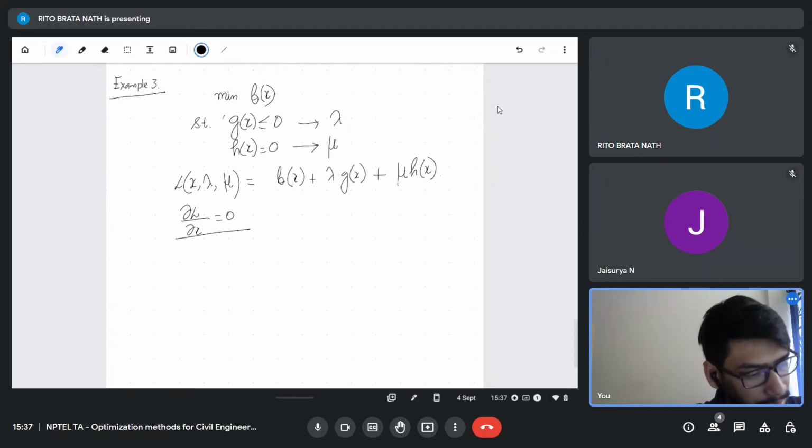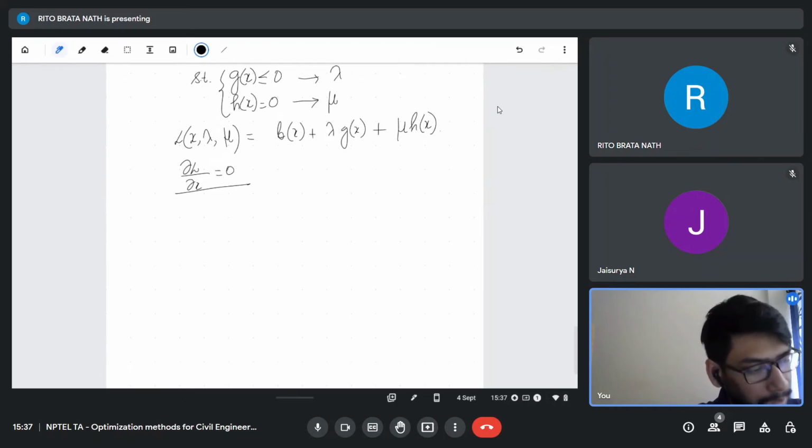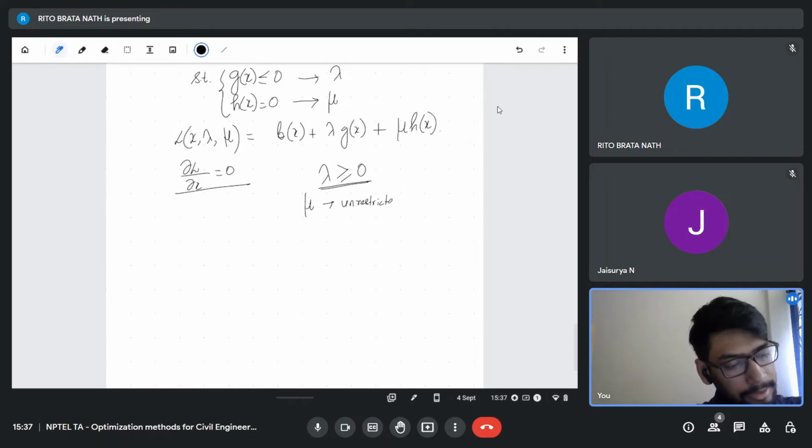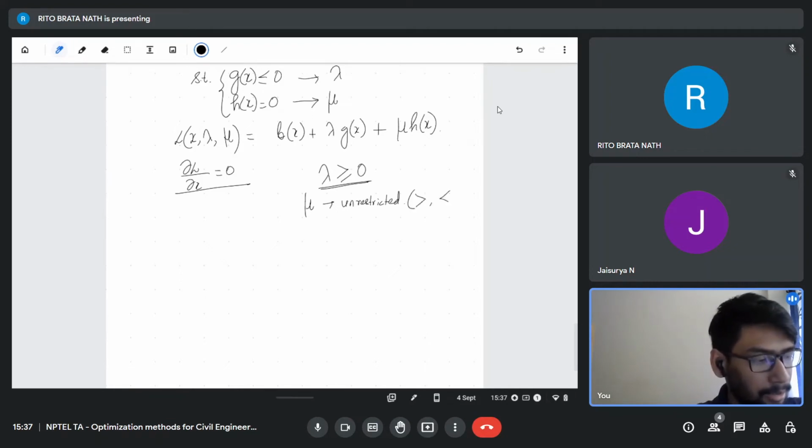Obviously, both of these constraints have to be satisfied. That's your primal feasibility. Then your dual feasibility will give you, corresponding to the inequality constraint, lambda greater than or equal to 0. So this has to happen. But for mu, this is unrestricted. So it's not saying anything about whether it is 0 or greater than. So it can be greater than or less than or equal to 0.